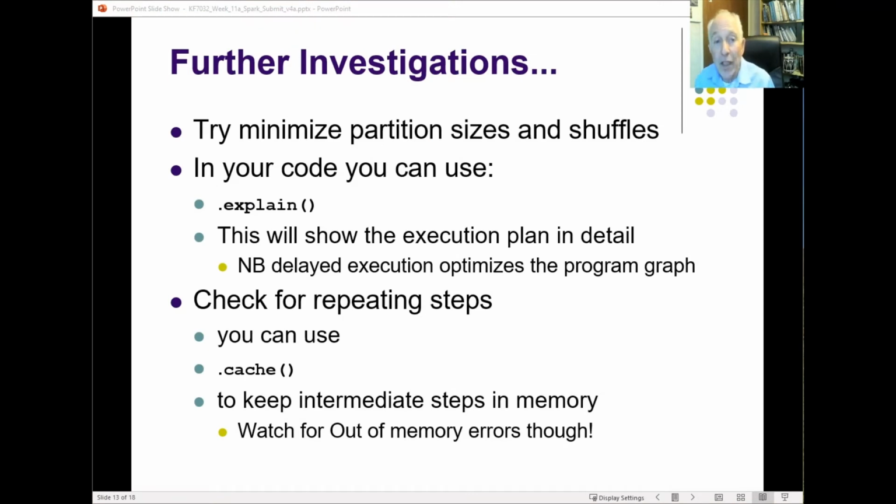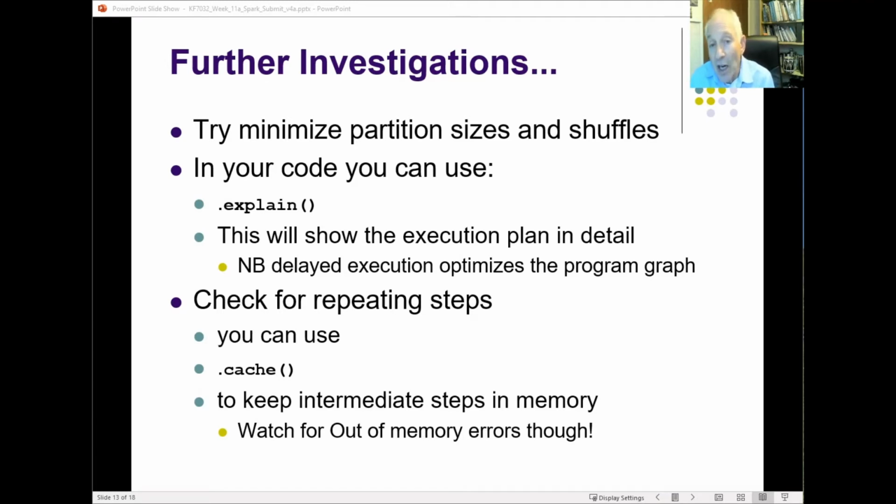So to do further investigation, you should be looking at minimizing partition sizes, how the data is divided, and shuffles. Remember that Spark has this delayed execution model where code isn't executed until there's a graph built, and then there are certain functions which cause that execution.